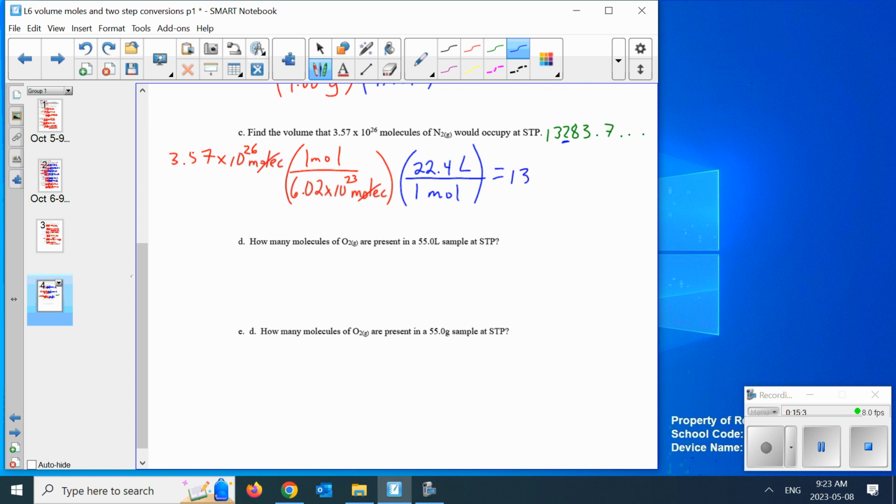I'm going to go 1, 3, and push it up. 3, 0, 0 to hold the placement. That is liters of, and forgot to put the N2 here. Anyway, that one's not ambiguous now. Like, it's only showing 3 significant digits, but I will put it in scientific notation too.